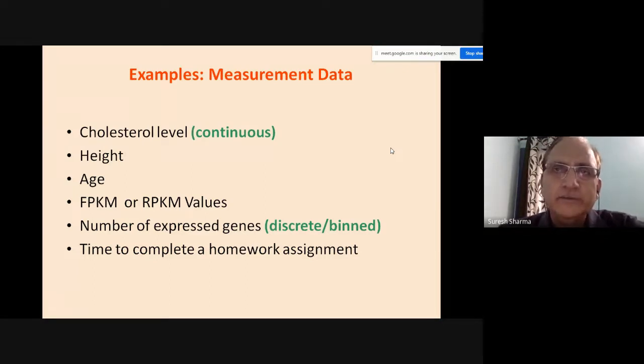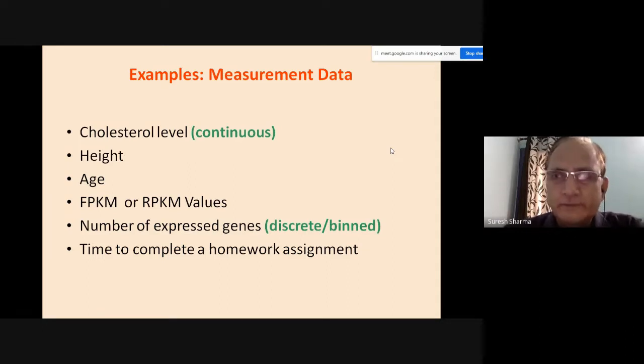Whenever we conduct this experiment, the entire information of that fragment comes out in terms of ATGC, which are known as nucleotides. Then there is a mathematical formula to quantify that ATGC into some expression, and that expression is called the FPKM value, fragments per kilobase per million.